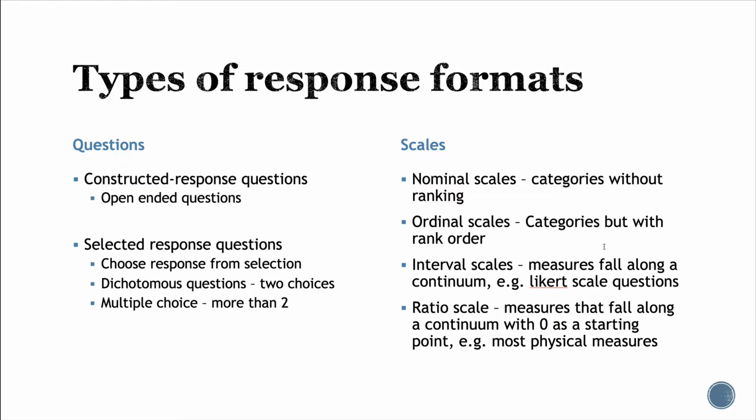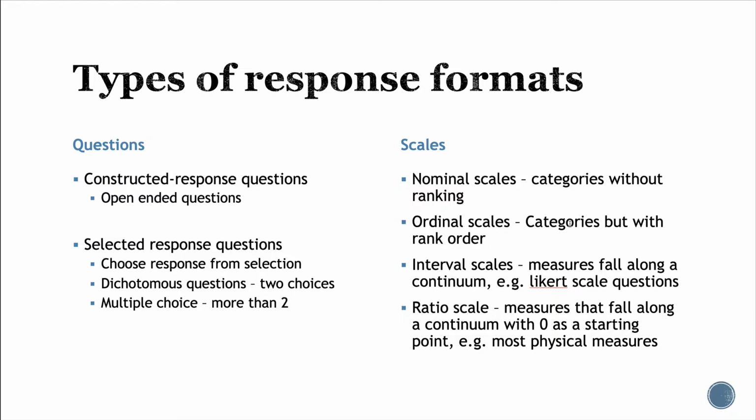But there isn't a ranking. Again, green eyes, which I have, which are the best, they aren't actually the best, right? They don't fall at the top of the scale and blue at the bottom, or vice versa. There are categories, but without any ranking. Versus ordinal scales, as I mentioned, are categories of data, but there's a rank order.